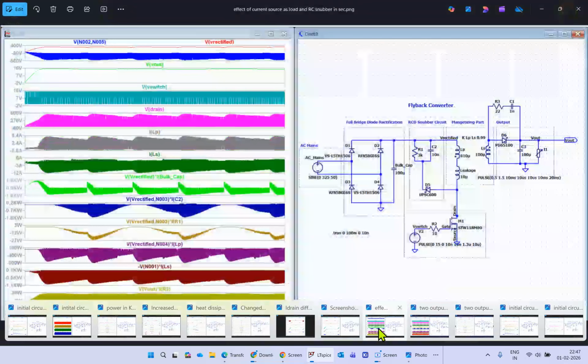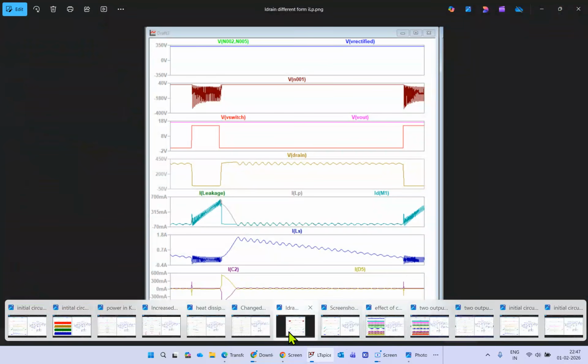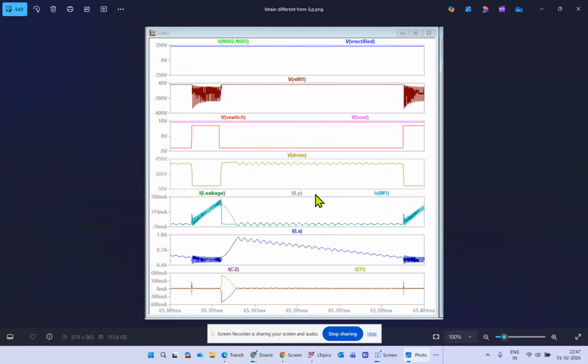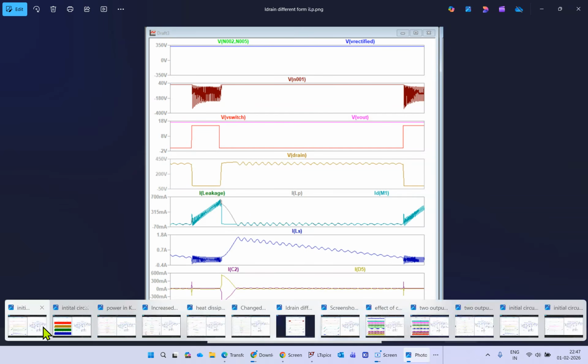But if we see it here, it's showing that the current across the drain comes instantly to zero when the switch turns off, but the current across the primary inductance is going slowly down, slowly coming to zero. Also, the secondary current is slowly increasing because of the parasitic values across the inductance.